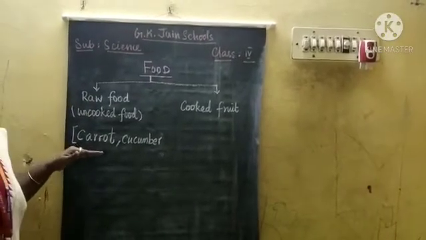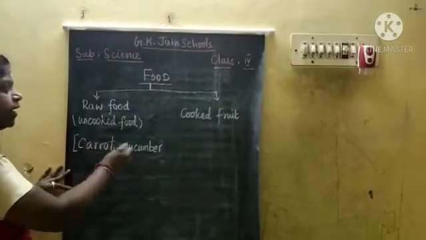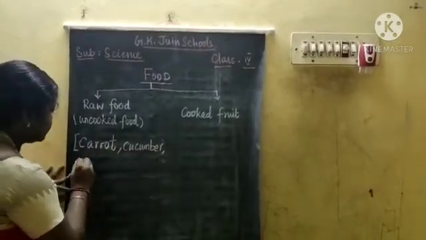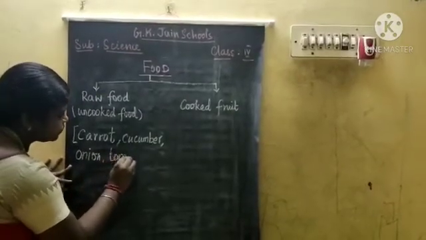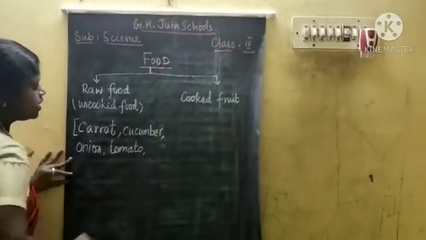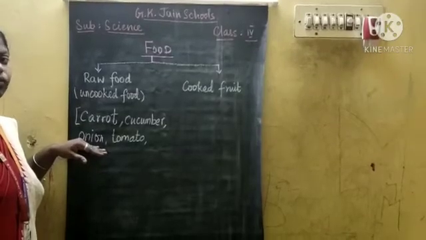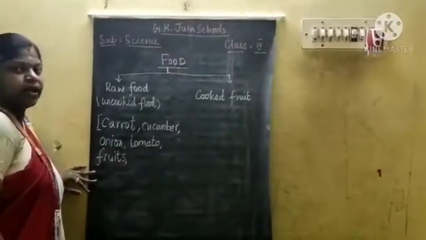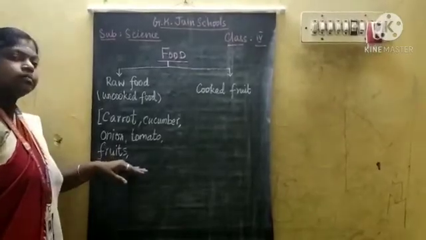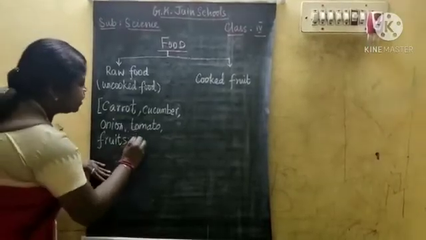That means without cooking we can eat them directly. So the first ones are carrot, cucumber, onion, tomato. These belong to vegetables. Now I am going to tell you about fruits. All fruits we can take as raw food. Some tubers like sweet potato, and some cereals, pulses and nuts, can be taken as raw food.